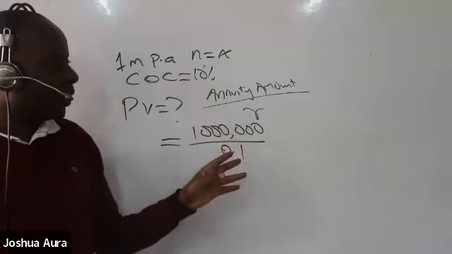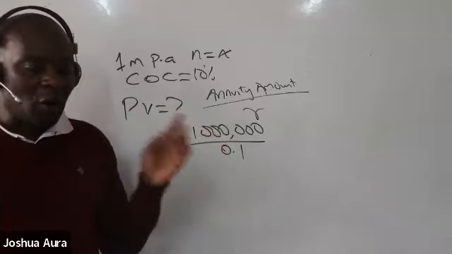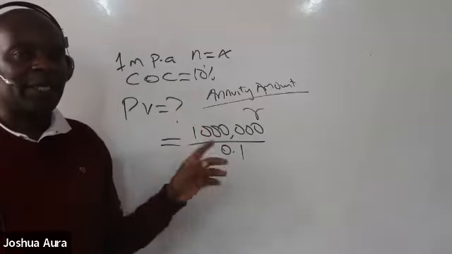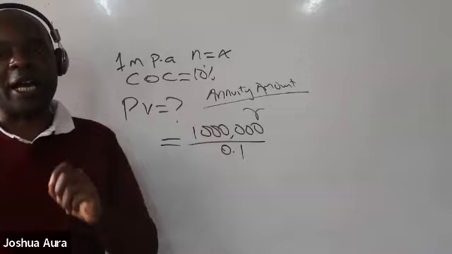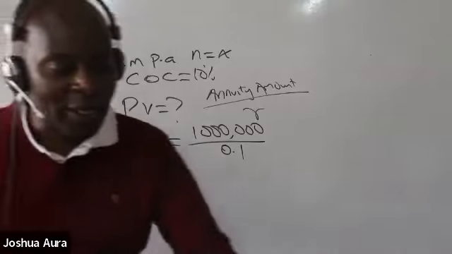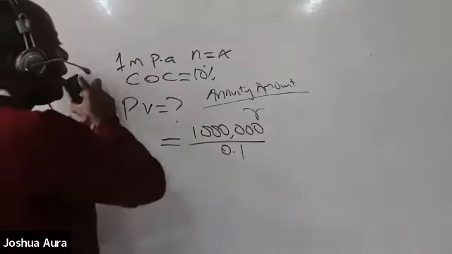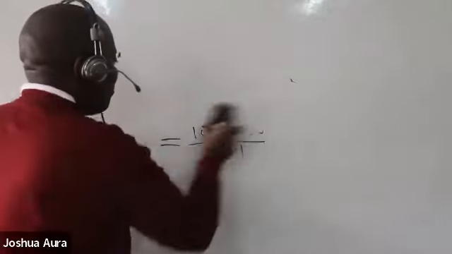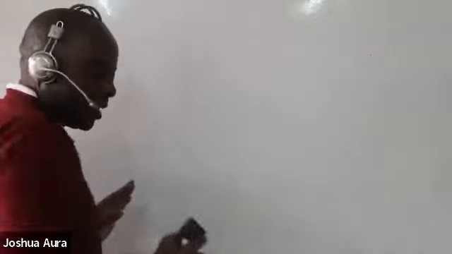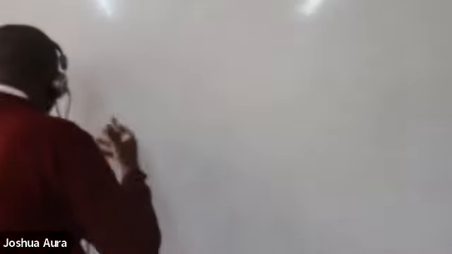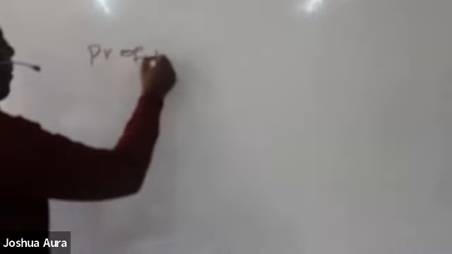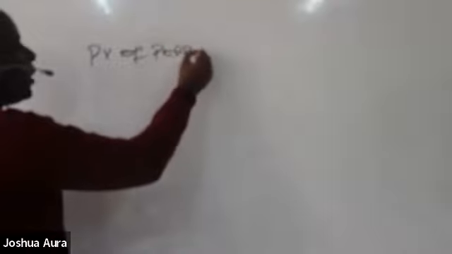Now, ladies and gentlemen, I would want us to start tackling this question by getting the present value of this perpetual cash flow. So if I'm the one doing this question, this is what I will do. I'll get a clean sheet there, and then I'll write in capital letters, to scare the examiner, a present value of, even without reading the question, this is where I will start from.